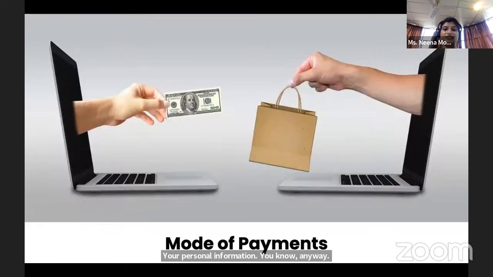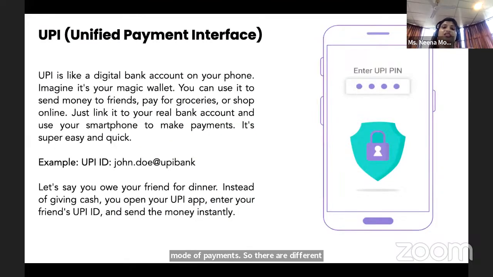So next is modes of payment. There are different modes of payment. The first one is UPI. I know that most of you might be using UPI, the Unified Payments Interface. UPI is a real-time payment system in India that allows people to transfer money between bank accounts using their smartphones. So it enables instant fund transfers between two bank accounts on a mobile platform without the need to provide bank details.